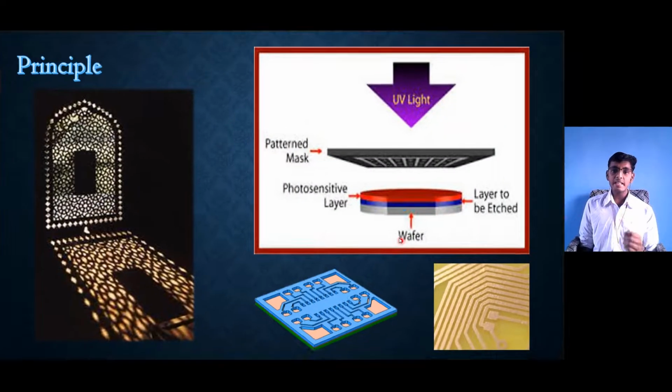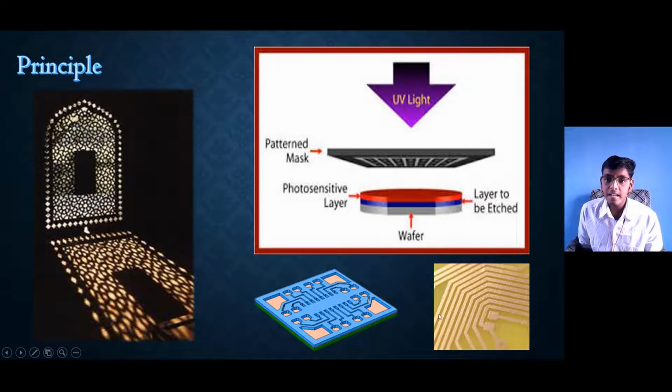As we can see in the diagram here, there are two copper lines which are printed just next to each other. This is the maximum resolution that we can achieve. The distance between the center of the first copper line to the center of the next copper line is called the pitch of the printing.